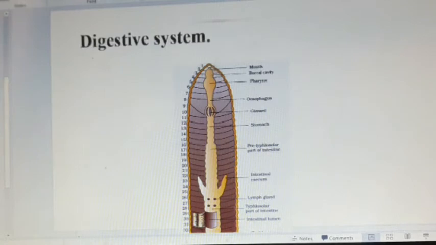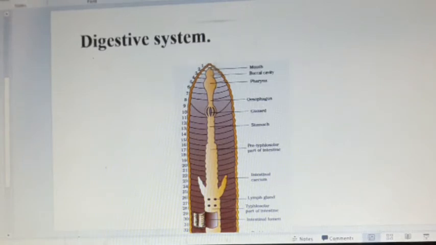The intestine is a straight tube and is the principal site of digestion and absorption. Digestion and absorption are two stages of nutrition. Digestion is the conversion of complicated food particles into the simplest ones, and absorption or assimilation is the absorption of digestive material into the intestinal wall inside the body fluid.